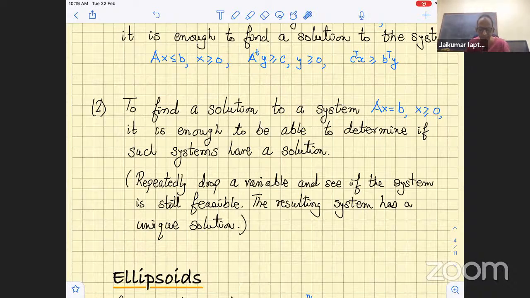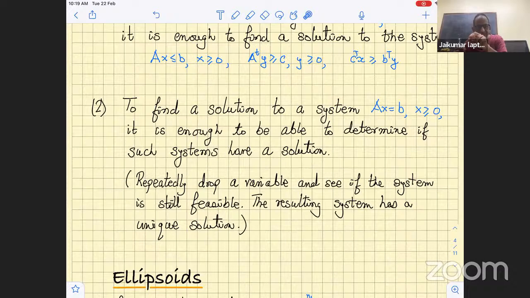So at some point, you will have some variables which are absolutely essential. And now this system will have a unique solution, because if there were two solutions, then you can take one solution, subtract it from the other solution, and make one more component 0.